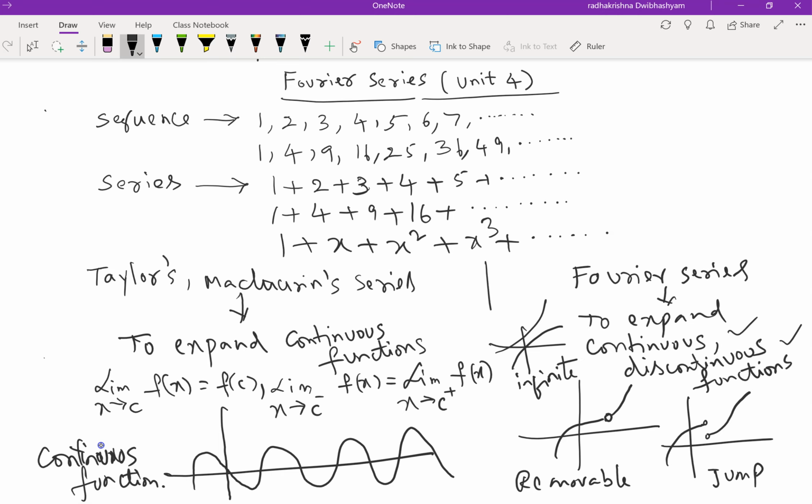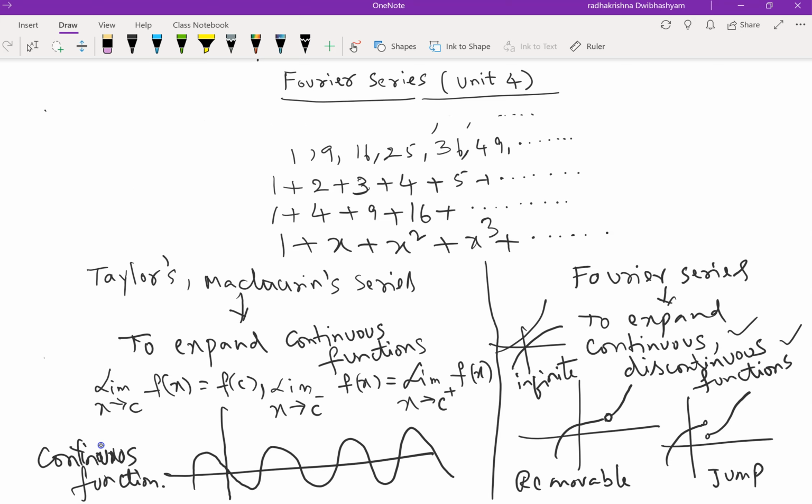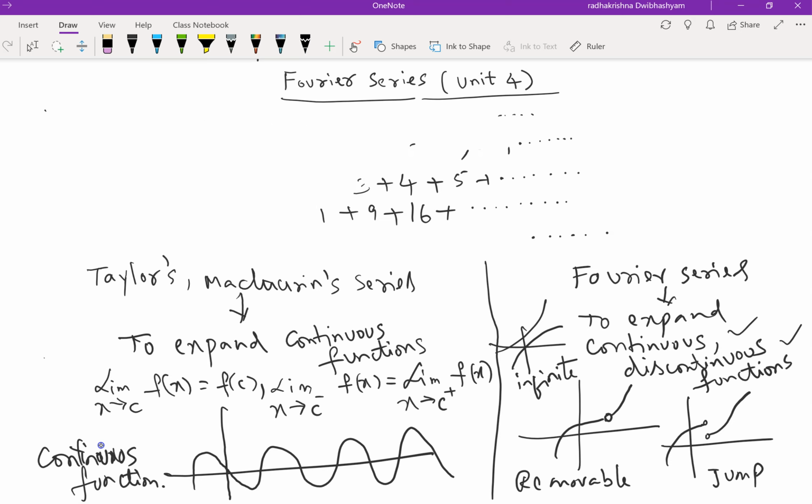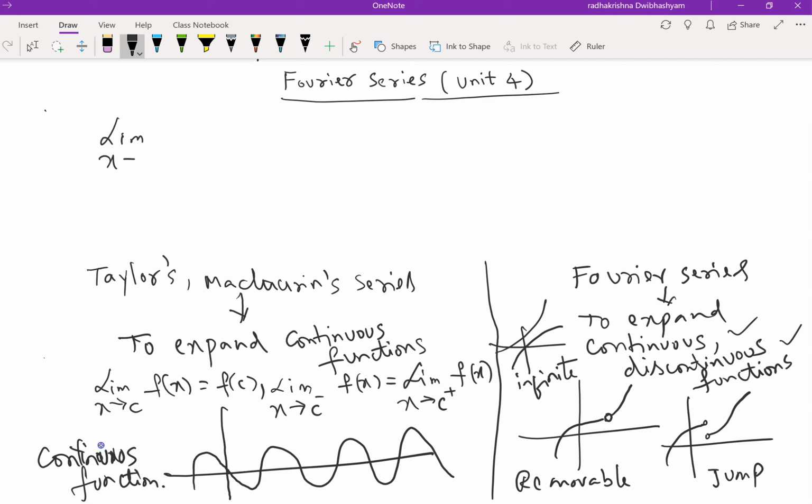Okay, mathematically, if you observe these discontinuous functions, if limit x tends to c of f(x) is not equal to f(c), then this is called removable discontinuity.